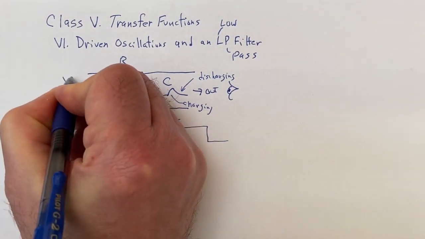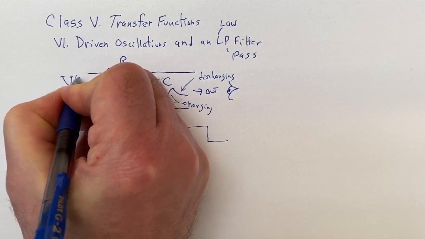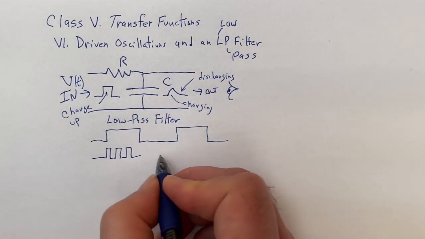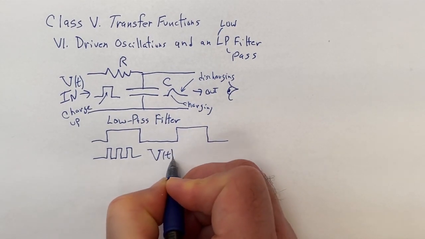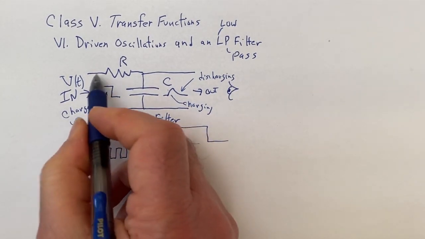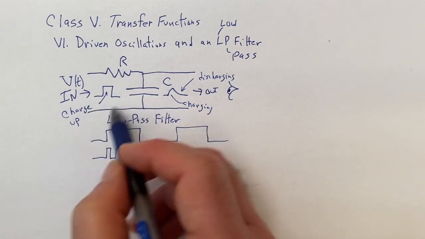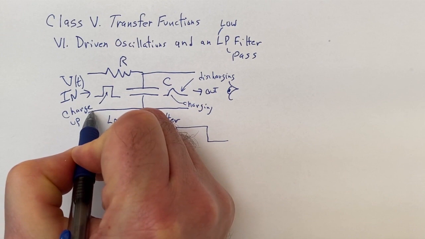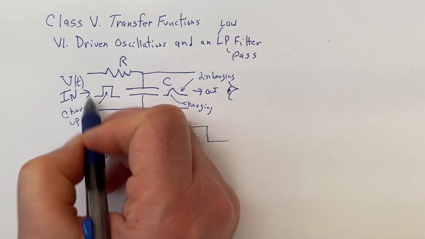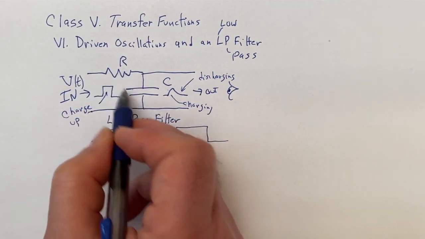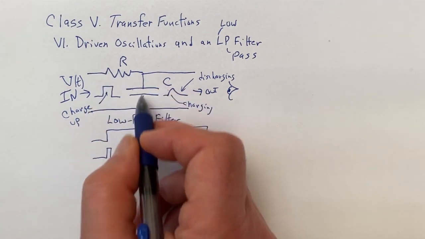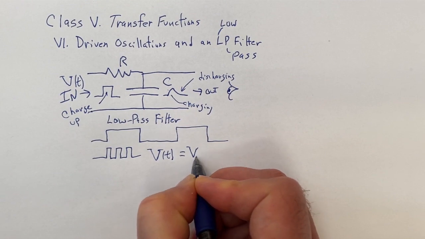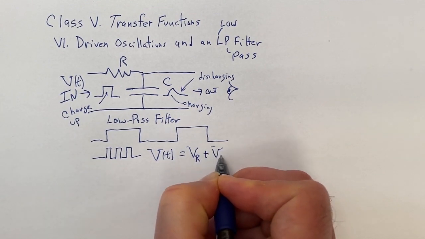So if we consider this the voltage V of t, then the voltage V of t is equal by Kirchhoff's loop rule. Like if you went around this loop, you'd have to get 0. But if we look from the point below here to the top as being V of t, that's going to be the same as the leg that has the R and the C. So that would be equal to the voltage across the resistor plus the voltage across the capacitor.